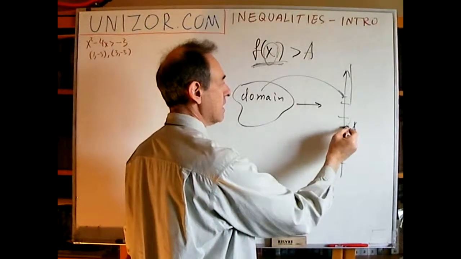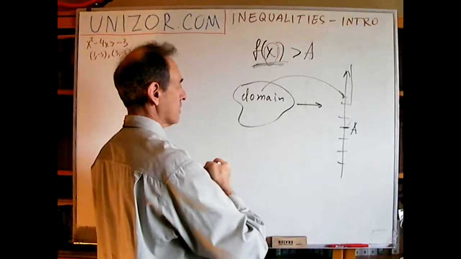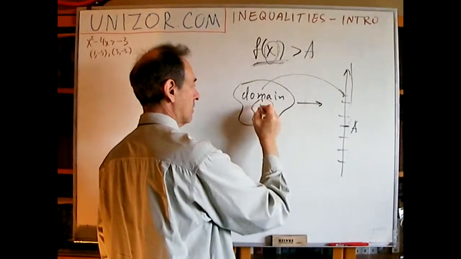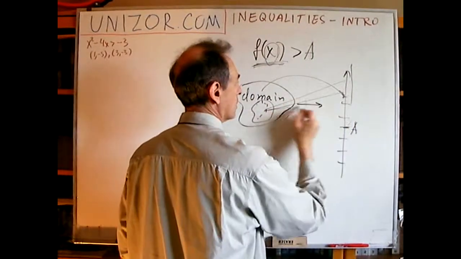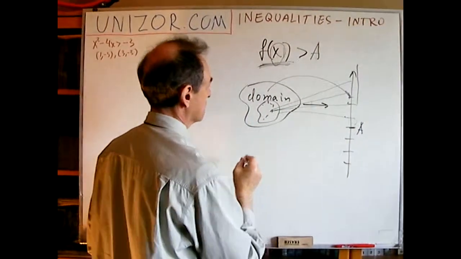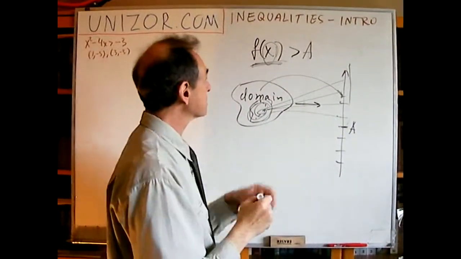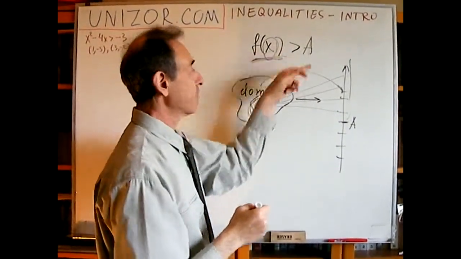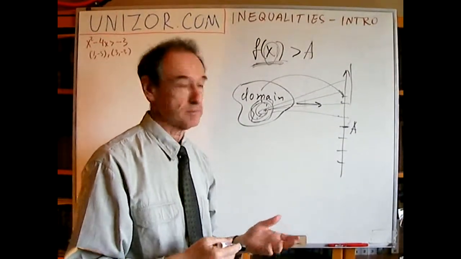So if this is a, we are interested in those values from the domain which are reflected to this. These are called solutions. So the values from the domain which satisfy this particular inequality are solutions to this inequality.